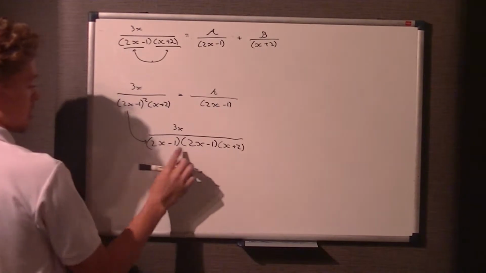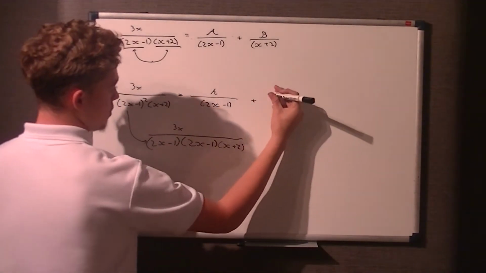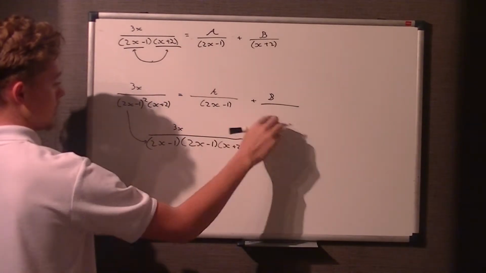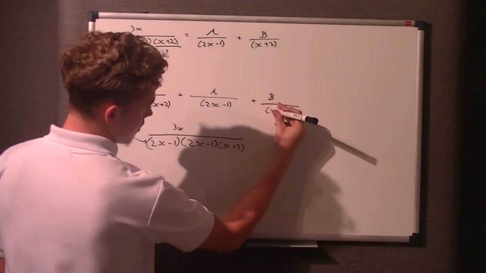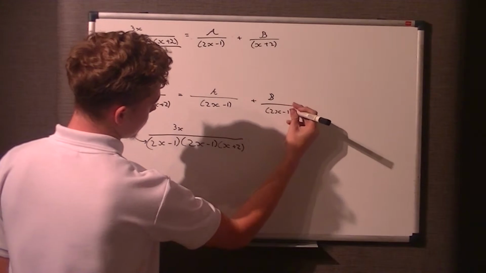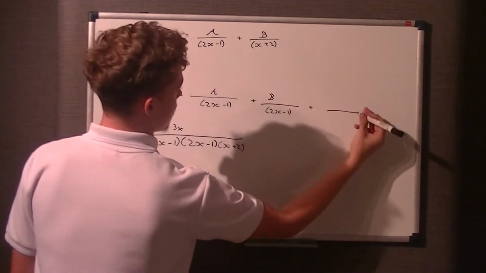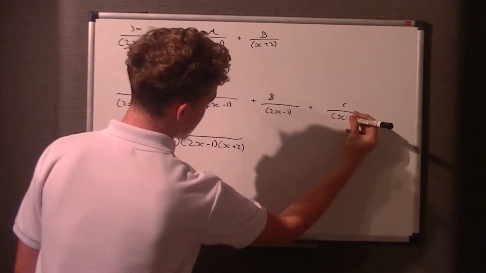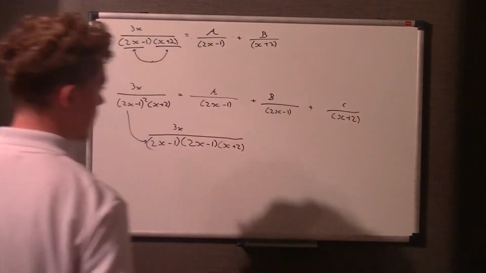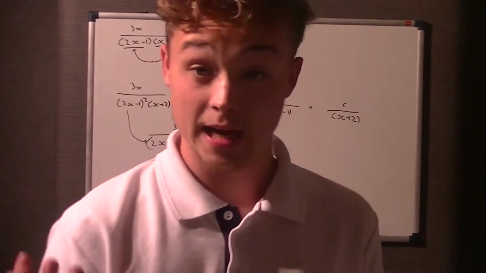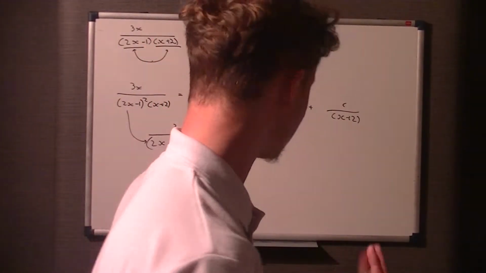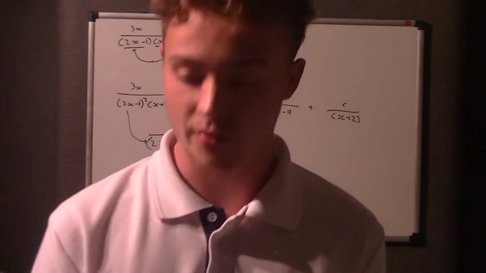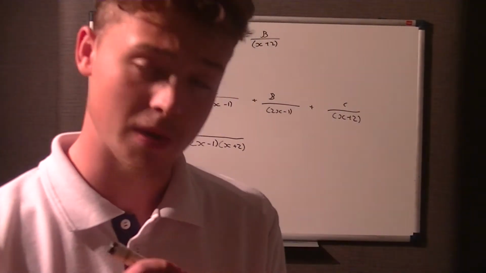Because that's squared, we imagine it's there twice, plus B over 2x take 1 squared, with the same bottom, plus C over the final linear factor, which is x plus 2. And you have to ask yourself, what happens when I add fractions? What has to be on the bottom?